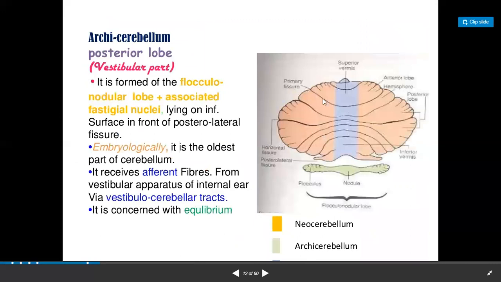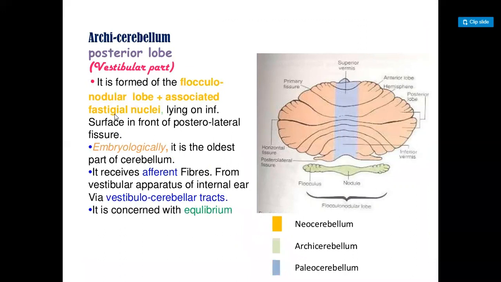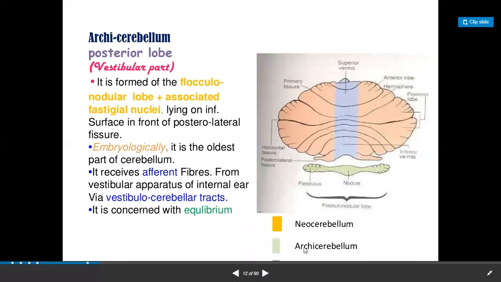Now, the archicerebellum is most of the posterior lobe. It is actually the vestibular part. It is formed by the flocculonodular lobe and associated fastigial nuclei. Embryologically, the archicerebellum is the oldest part of the cerebellum. It receives afferent fibers from the vestibular apparatus of the internal ear.